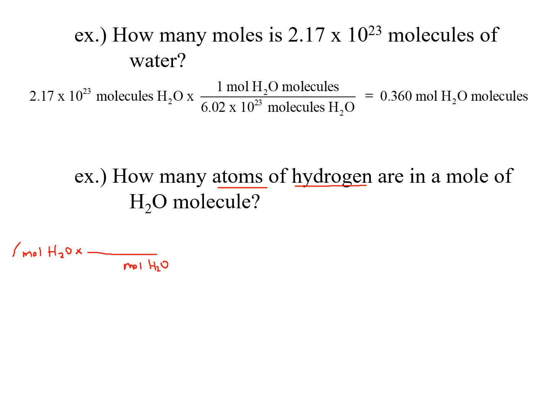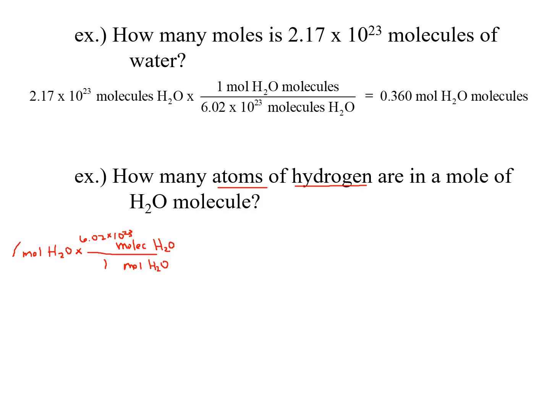But I could figure out how many molecules of H2O are in a mole of H2O. I know that 1 mole of anything is 6.02 times 10 to the 23rd of it. By the way, you should be memorizing that number, okay? 6.02 times 10 to the 23rd molecules are in a mole.